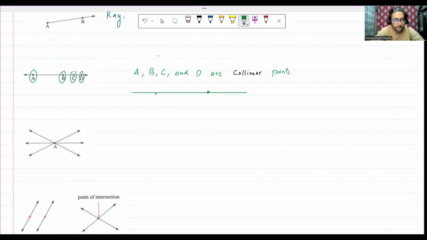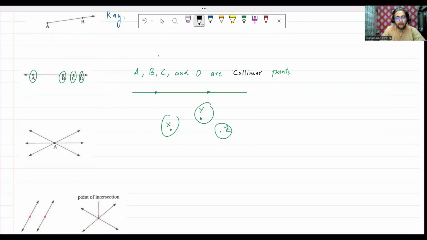The word collinear. What about these three points, X, Y, and Z? They do not share a line, right? Maybe X and Z can be collinear. X and Y can be collinear. They can lie on a single line. Y and Z can be collinear, right? But if you talk about all three, X, Y, and Z, then they are non-collinear because they do not lie on a single line.